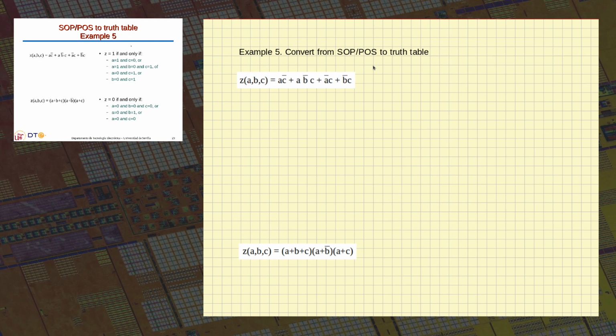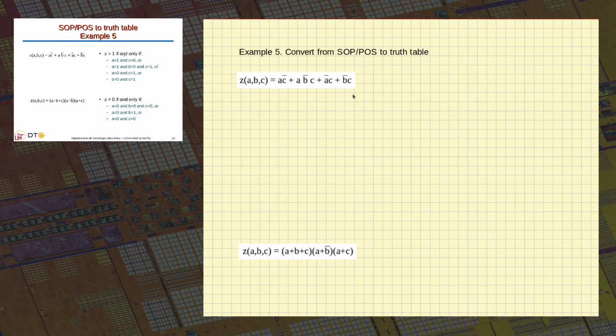In this example, we are going to see how to convert from a normalized form, from a sum of products or a product of sums, to a truth table. Converting from a canonical form, from a sum of minterms, is straightforward, as is converting from the truth table to a sum of minterms, because every minterm corresponds to just one row in the table, and vice versa.